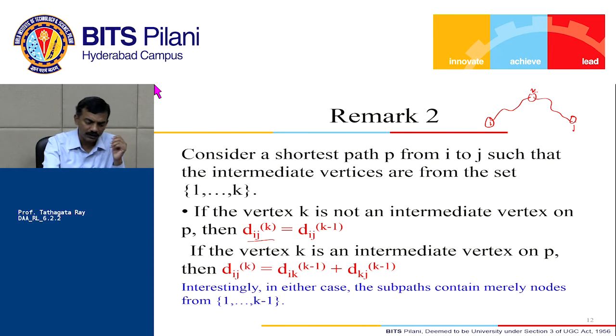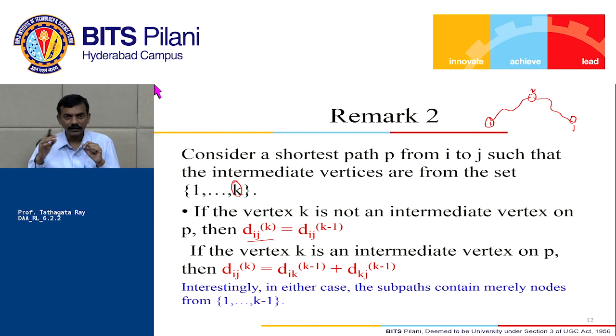I look at this vertex k and say that my path, where all the intermediate vertices are from 1 to k, either goes through k or it does not. If it is not passing through k, then I can look into the index set 1 to k minus 1, so D_ij^k will be the same as D_ij^(k-1).